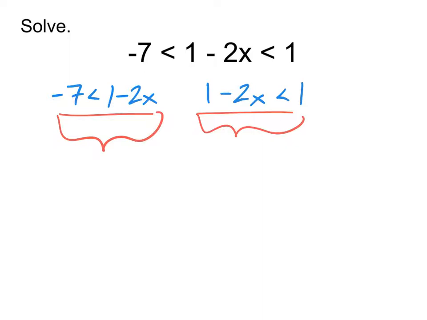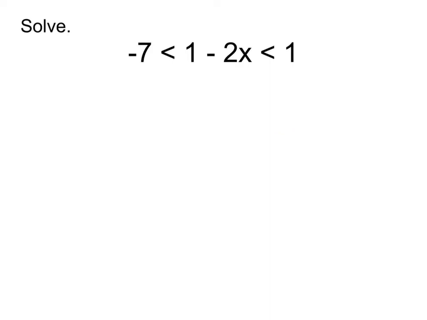And so notice that what we'd end up doing is we'd be subtracting 1 from the negative 7, we'd be subtracting the 1 from the 1 minus 2x, and we'd be subtracting the 1 from the 1. We don't have to turn it into two separate ones in order to do that. We can actually just say, well, since I have to subtract 1 from here, rather than saying what I do to one side I have to do to the other side, I can say what I do to one side I have to do to all of the sides.